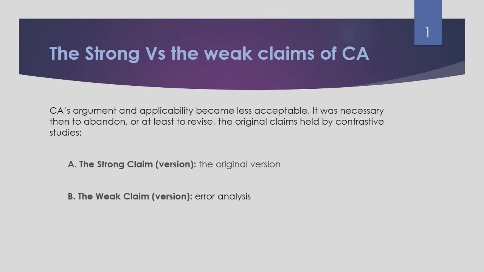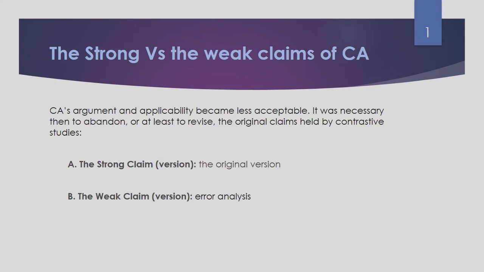Always, the original claim is the strongest form, while the modified claim or the modified theory represents the weak version. This applies to contrastive analysis. Contrastive analysis first appeared with a strong version and then was revised, producing what is called the weak version.